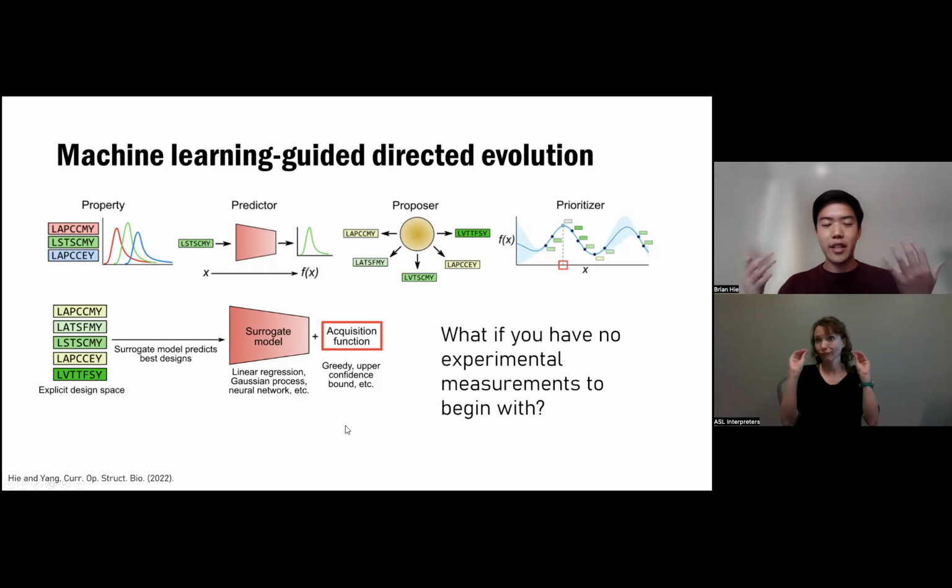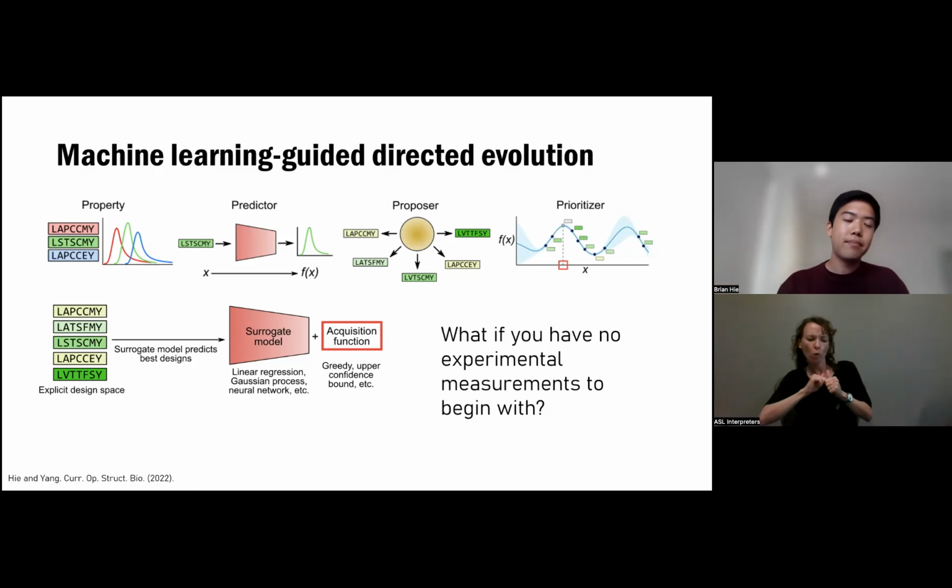And more generally, in the most general setting, which is also probably the most common, you just start off with a single wild type sequence, and you don't even know the structure or anything like that. You just have a sequence and some experimental method for assaying that sequence for the desired fitness property.